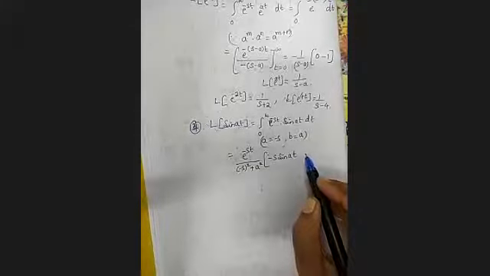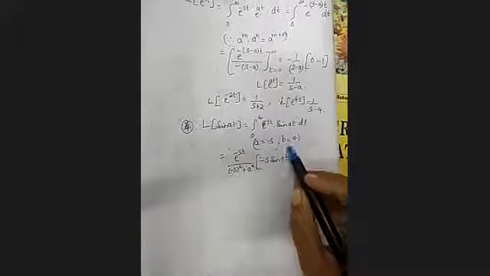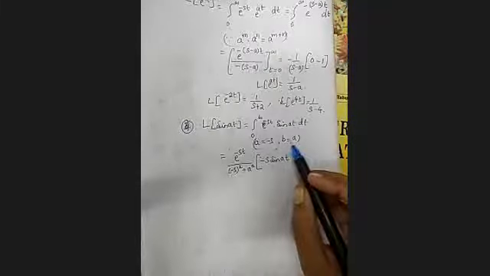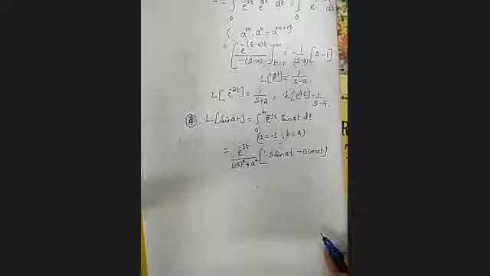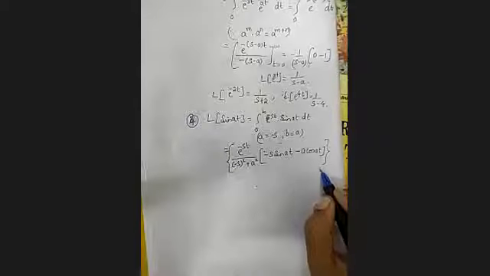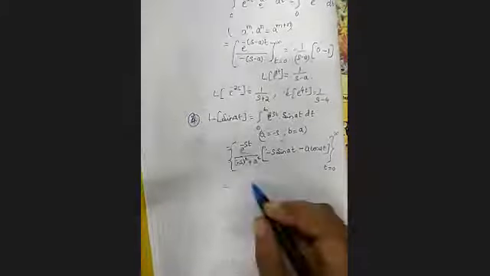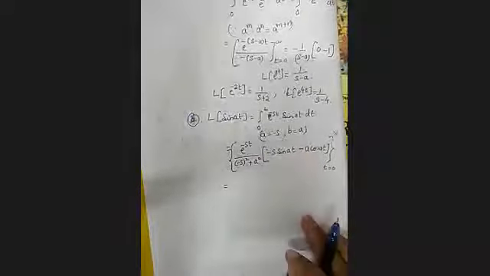Then you should write b cos at. I'll just take a bracket because we have already integrated, we only need to substitute the limits. Correct. Now tell me, in this bracket, is there anything which is free from t?